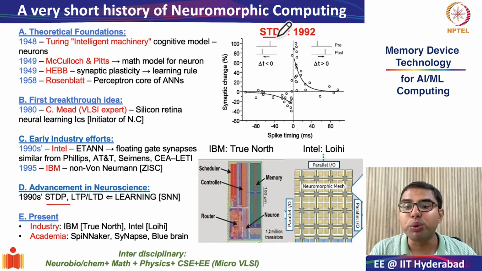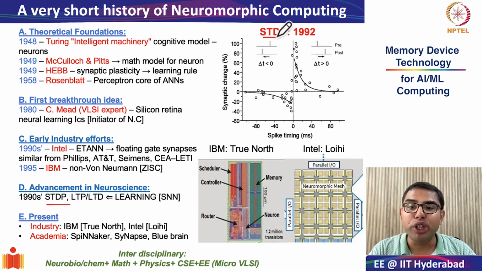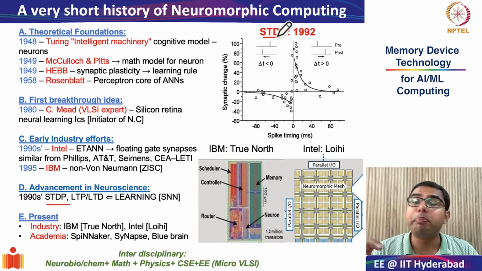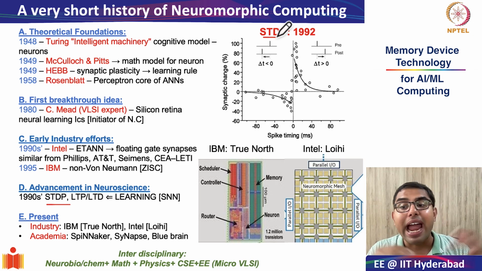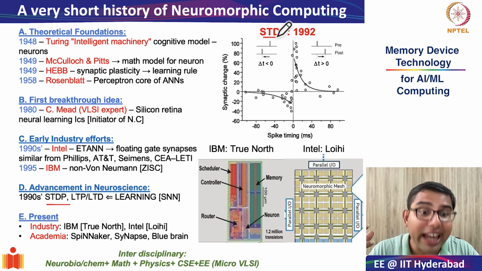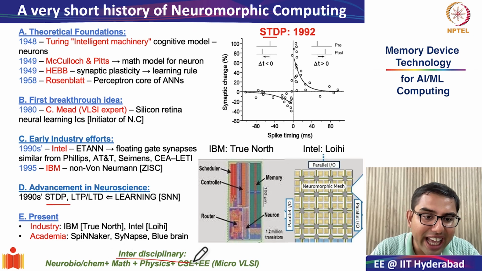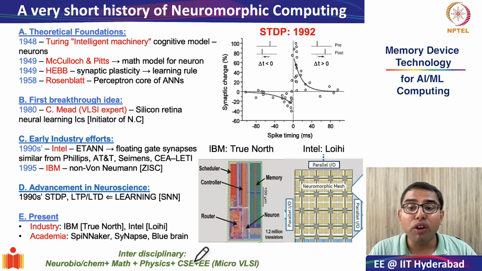As we will see very soon, these devices are very promising because they can directly mimic the behavior of neurons and synapses, therefore potentially offering a pathway to denser and more energy efficient or scalable neuromorphic hardware. Another thing that I would like to specifically mention is the interdisciplinary nature of this area of neuromorphic computing, which honestly gets me very excited about this area.